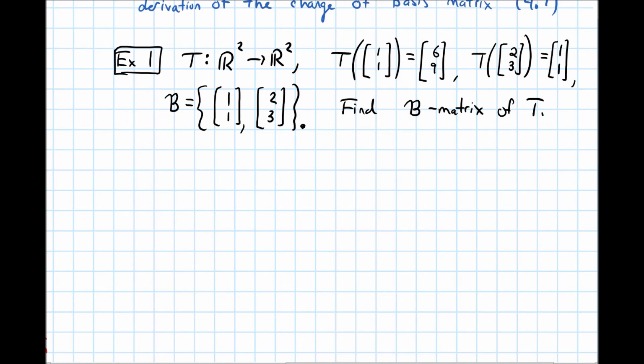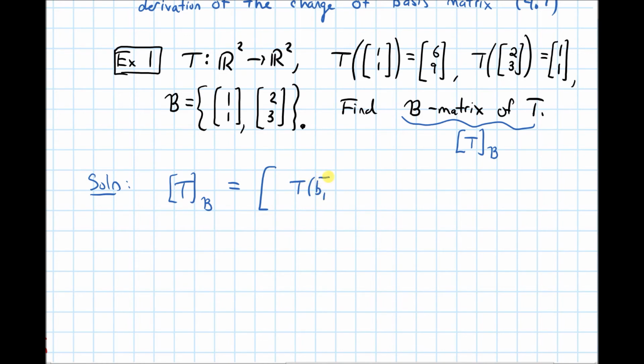So recall the notation for this. The B matrix of T, the notation is we would write T and then put this B in the subscript. Okay, so let's talk about how we'd solve this. We want to know what the B matrix is for T. So let's write down the formula. We take T and we input all the basis vectors of B into it.